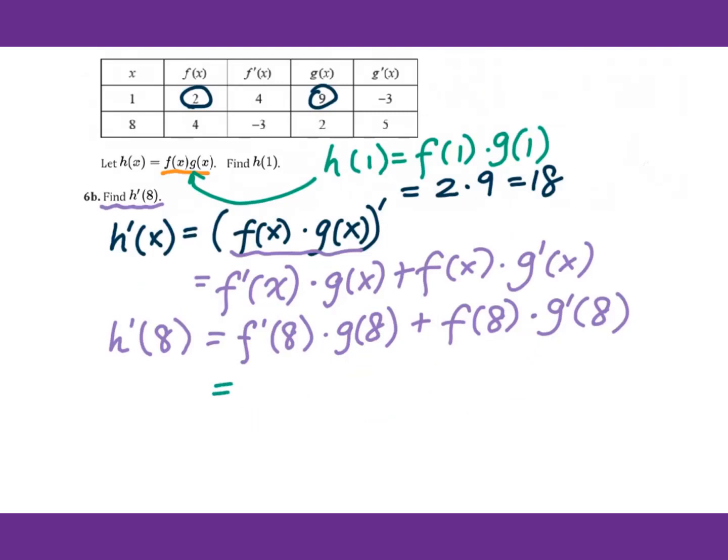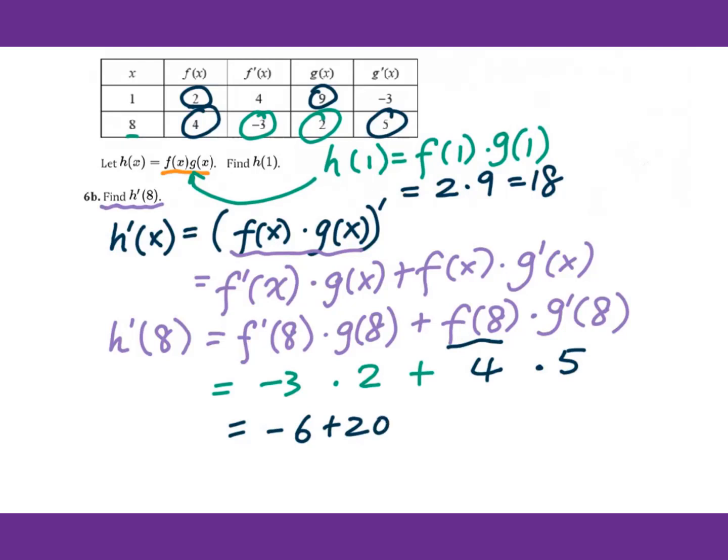So you get negative 3 times g of 8, that will be 2, plus f of 8 will be 4 times the derivative of g of 8, that's 5. So you get negative 6 plus 20 equals 14.